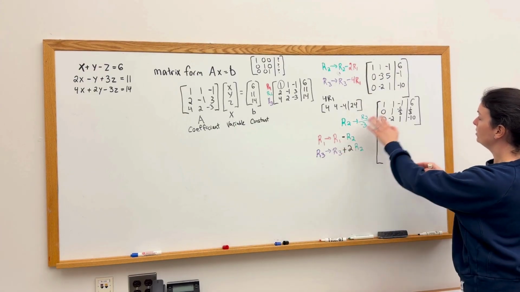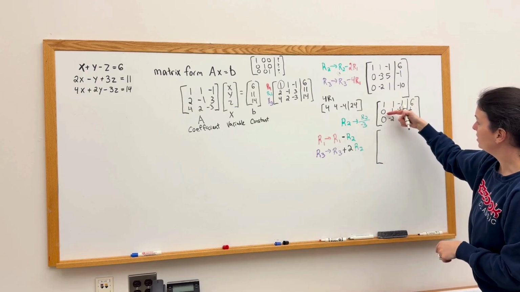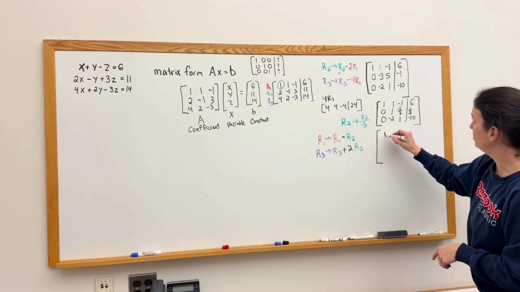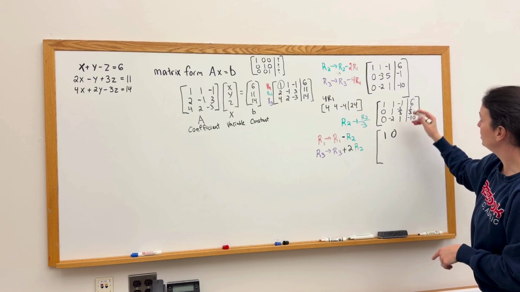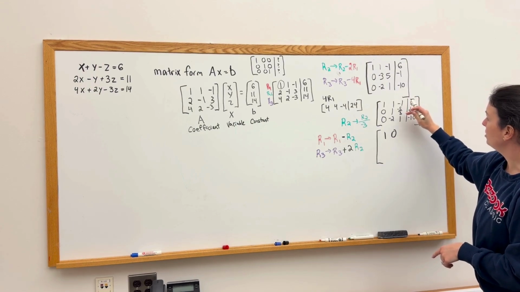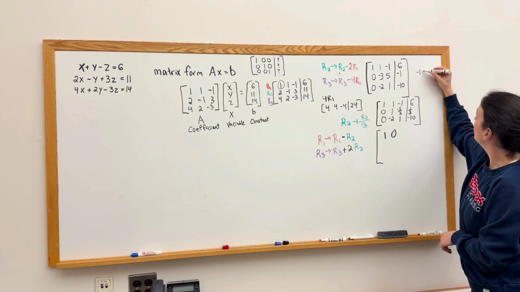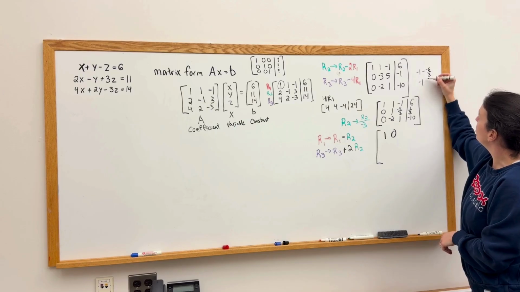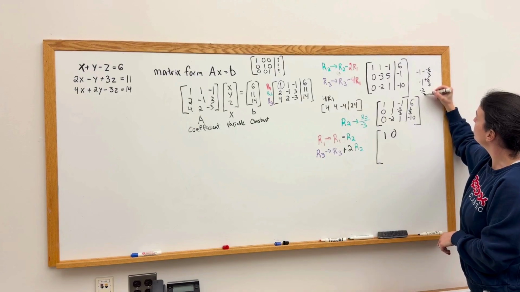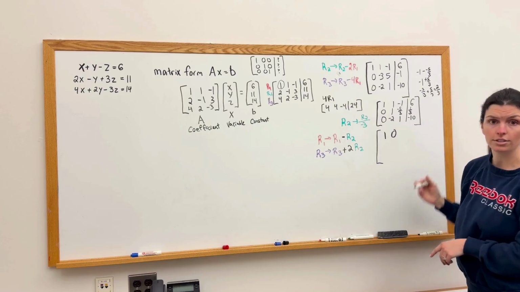So row 1 is row 1 minus row 2. So 1 minus 0 is 1. 1 minus 1 is 0. Negative 1 minus 5/3, let me write that out. Negative 1 minus negative 5/3 is negative 1 plus 5/3, which is negative 3 over 3 plus 5 over 3, equal to positive 2/3.